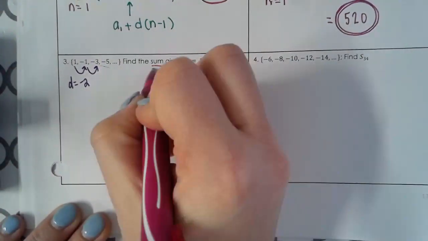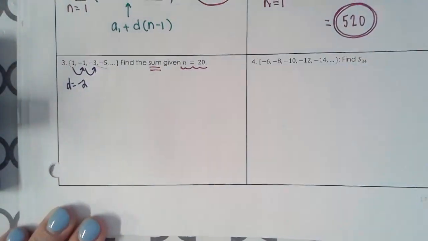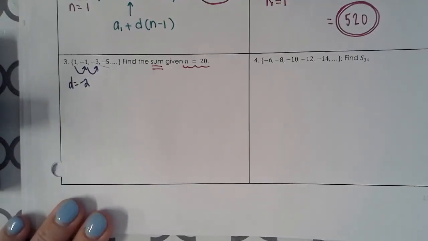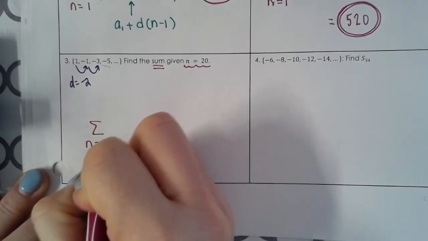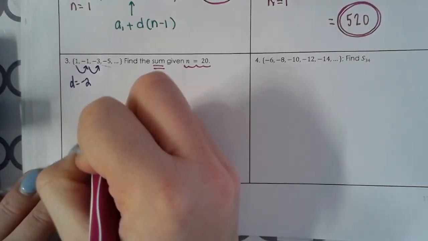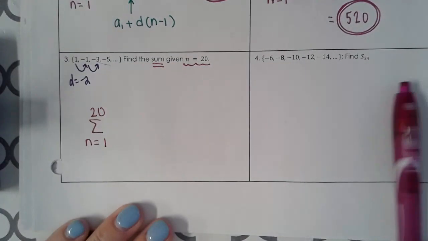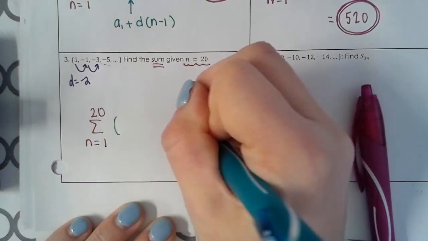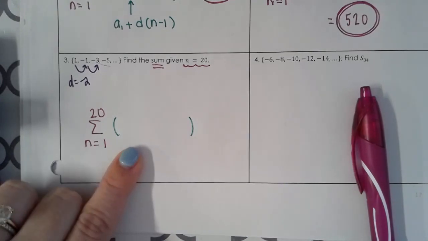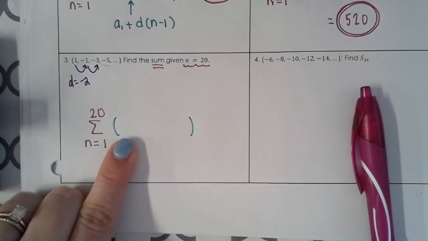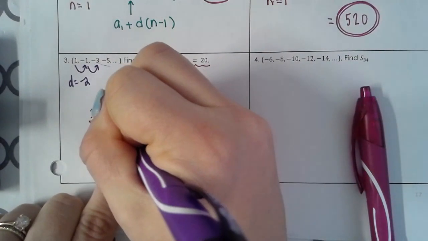And it says find the sum, and then it says n equals 20, so that just means the sum of the first 20 terms. N equals 1 to 20. We're going to put our A1, which is 1.